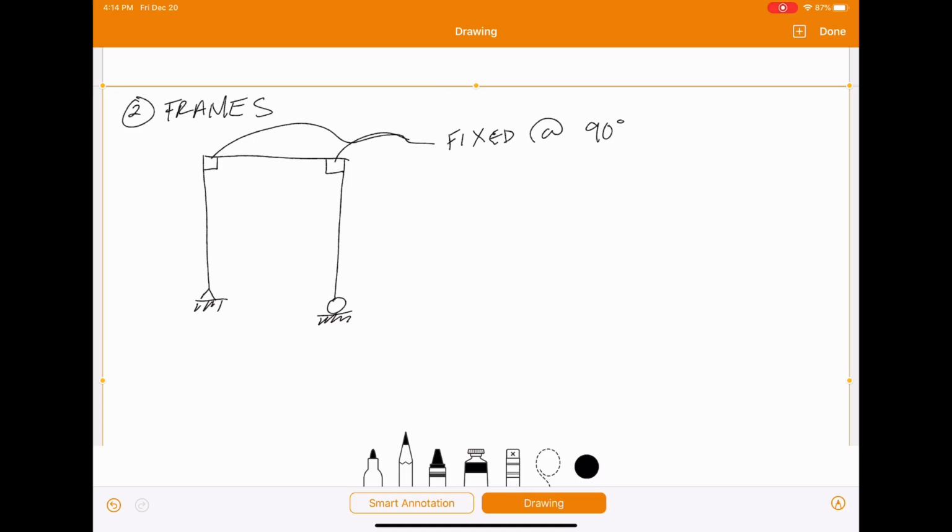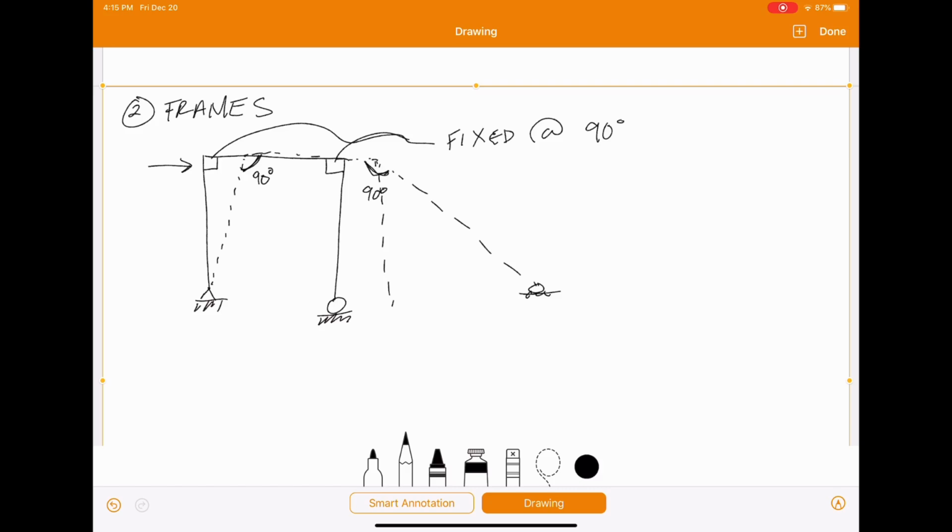They can't be deformed, so you can't end up with a deflected shape. Let's say if you pushed on here, you wouldn't have something like that, because this here has to stay 90 degrees, right? This here has to stay 90 degrees, all right?